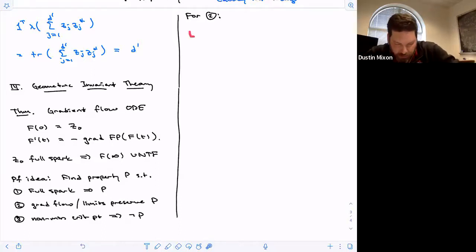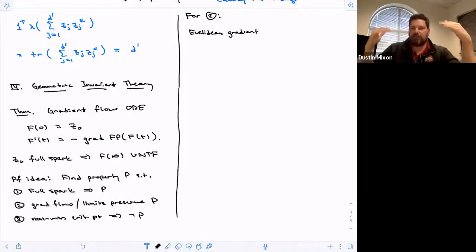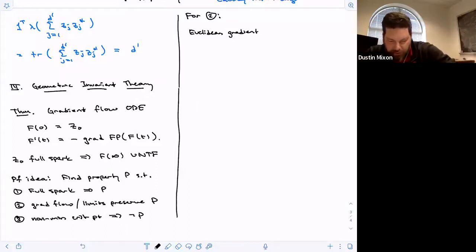So the Euclidean gradient is the gradient you would get if you forgot about the constraint that all of your vectors are unit norm. So this gradient is this guy.